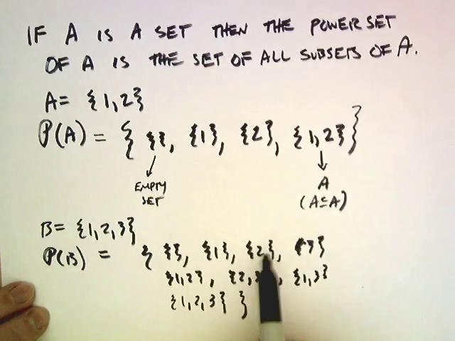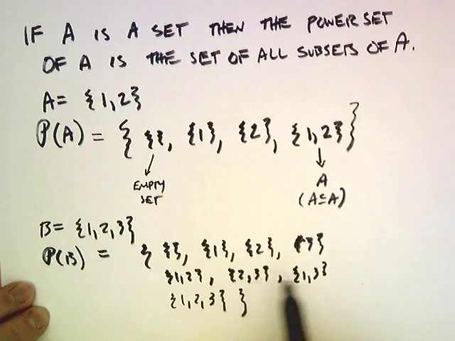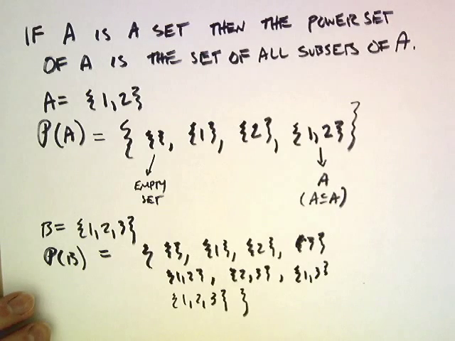Okay, so we have 1, 2, 3, 4, 5, 6, 7, 8 elements in the power set of B.